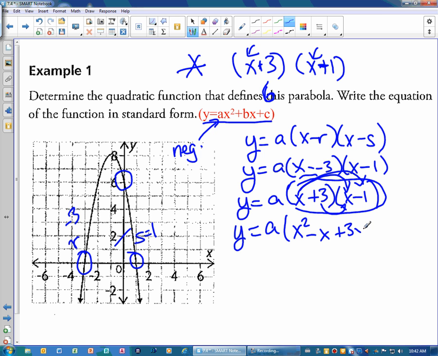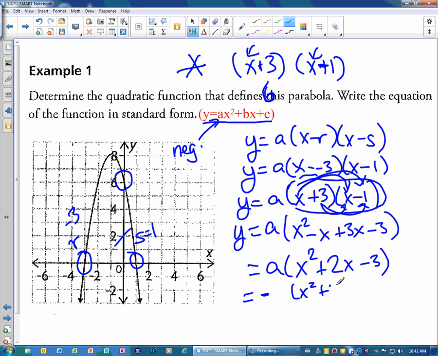Here's a 3x, and there's a -3. So I have a(x squared plus 2x minus 3). Now, we know that this graph opens downwards. So for sure, A has to be negative. It has to be. I need negative something in front of this because, first of all, my graph opens downwards.